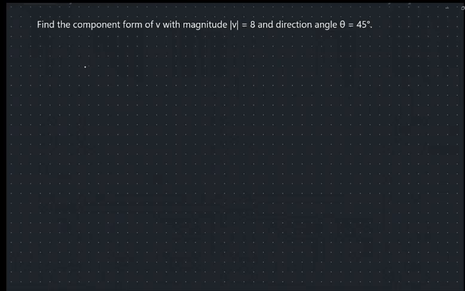Now let's solve this question. It has a similar idea, so we know that the component form is something like this. It's V times cosine theta and then V sine theta. And let's plug in the numbers.